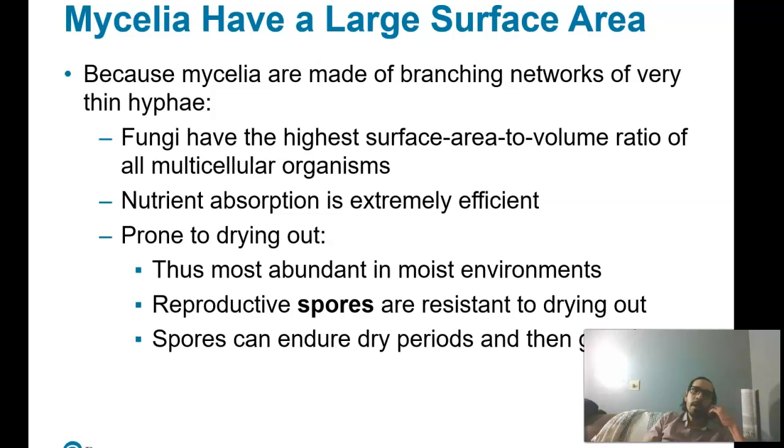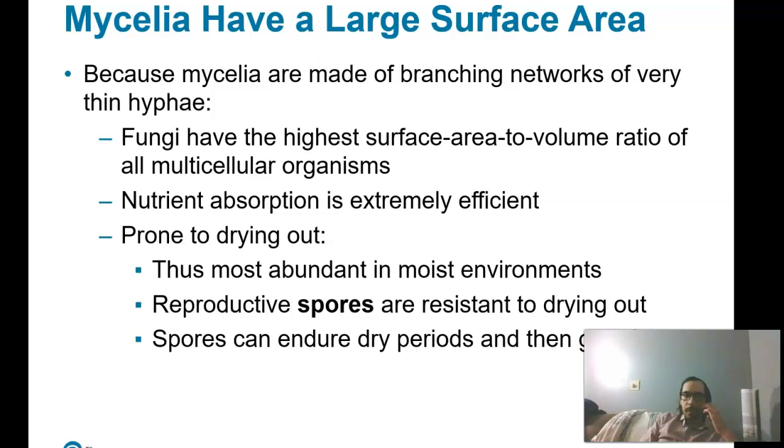But this comes at a cost. Because it is efficient, because it has a high surface area to volume ratio, it also makes it prone to drying out. And that's why fungi are most abundant in moist environments.